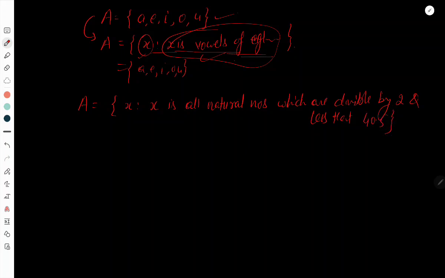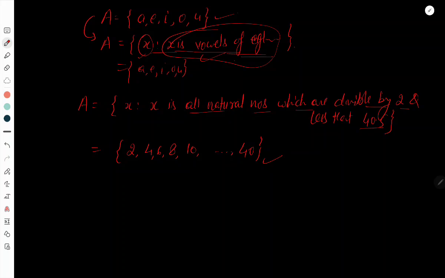In this one, you have to collect all those natural numbers which are divisible by 2 but less than 40.5. That is 2, 4, 6, 8, 10, dot dot, up to 40.